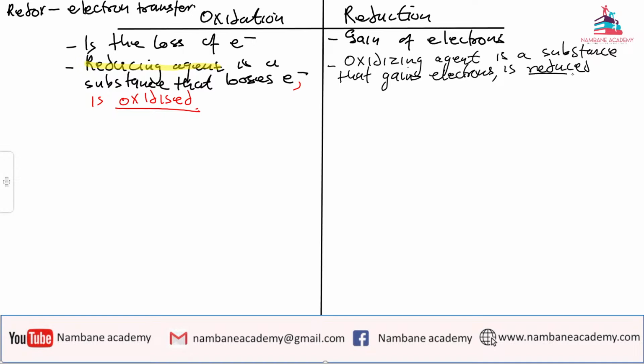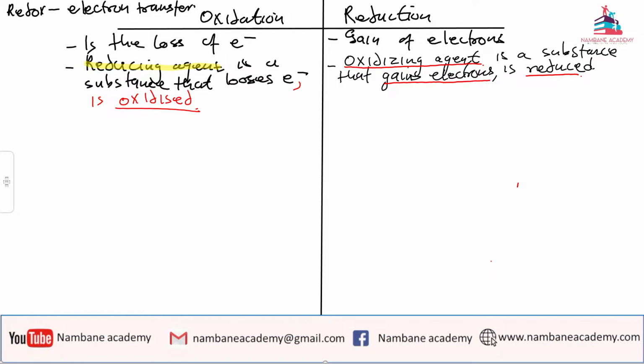So these are critical words that one must look for in the exam, or when explaining how and when a substance will start gaining electrons. These are the basic ones that we all need to start thinking about and knowing. So a substance that gains electrons is an oxidizing agent.